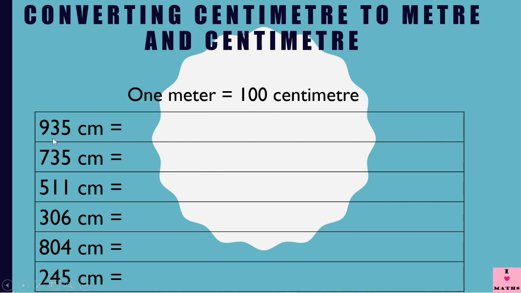Now we have 935 centimeters, which is equal to 900 centimeters plus 35 centimeters. 900 centimeters is 9 meters. So this is equal to 9 meters 35 centimeters.